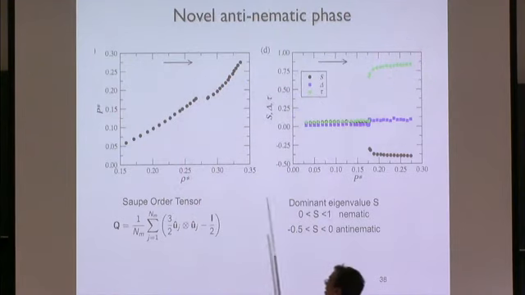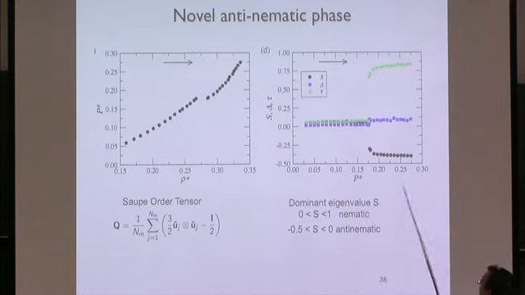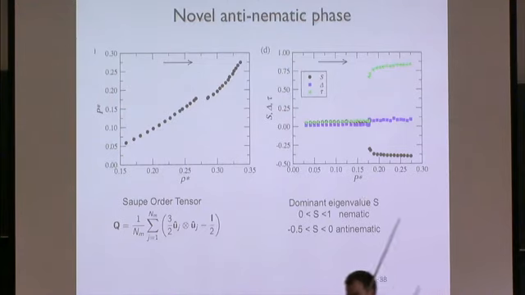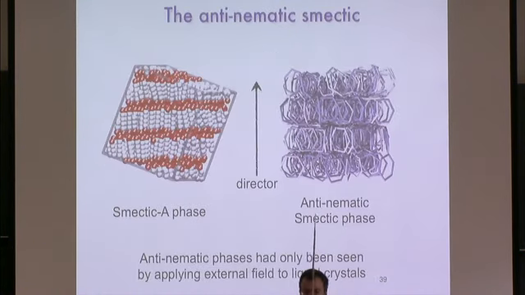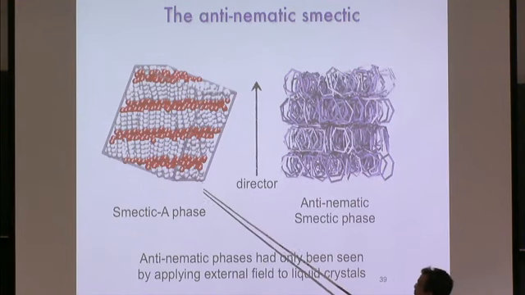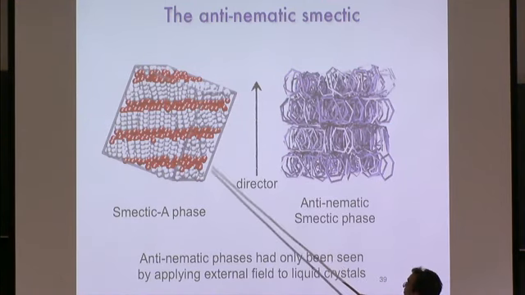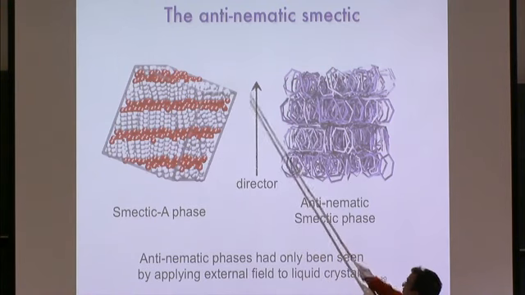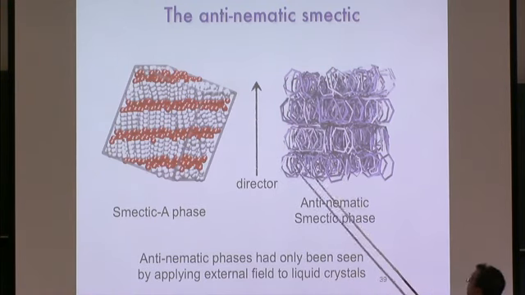If we look at it with the order tensors, we actually find that the order tensor is close to -1/2, which is quite strange if you look at the number. But if you think about it a little bit, what you recognize is that there is a director associated with the layering. But as a difference with respect to classical smectic phases, where the molecules are aligned with respect to the director, here they're actually not aligned.